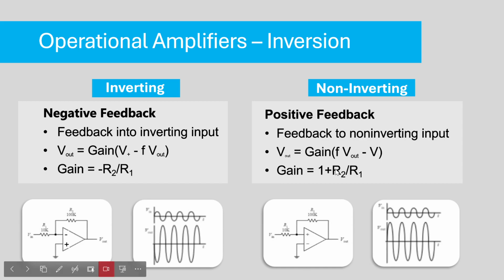To calculate gain for this, it's going to be 1 plus R2 divided by R1. If we were to rearrange this, essentially we would have R1 plus R2 divided by R1. So again, you've got that voltage divider equation.